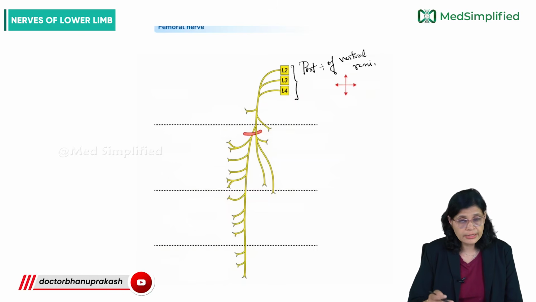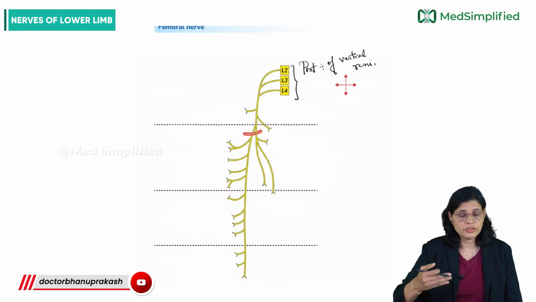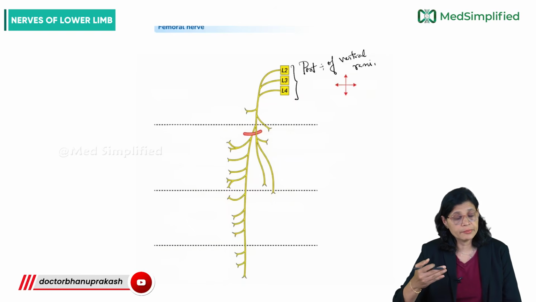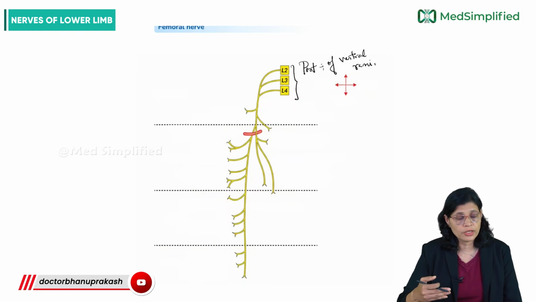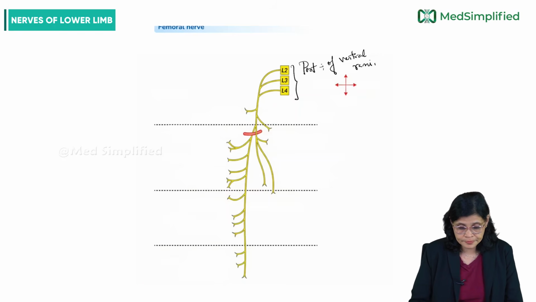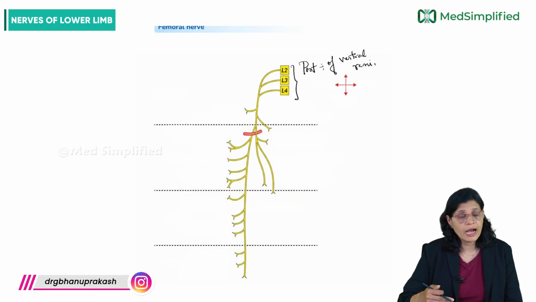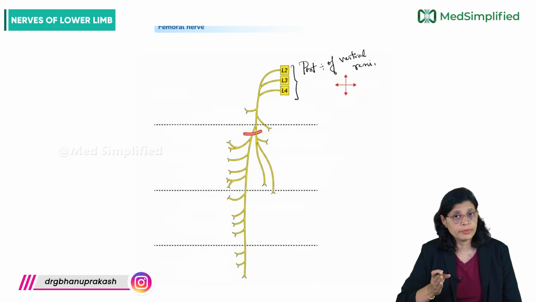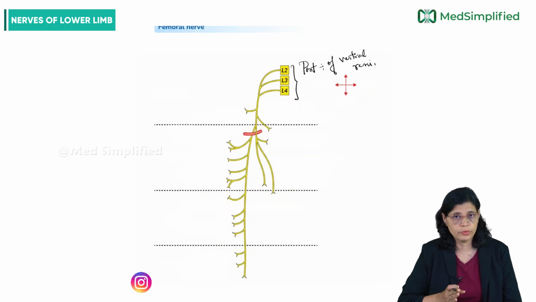Once it begins, it descends through the psoas major and emerges along the lateral border of the psoas major, and passes between the psoas major and the iliacus. Then it enters the thigh behind the inguinal ligament, lateral to the femoral sheath. You have to remember that the femoral nerve lies outside the femoral sheath.